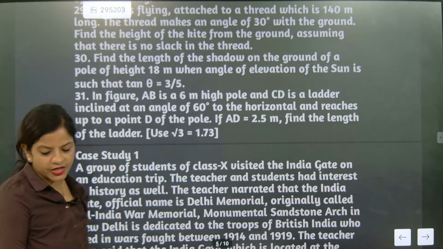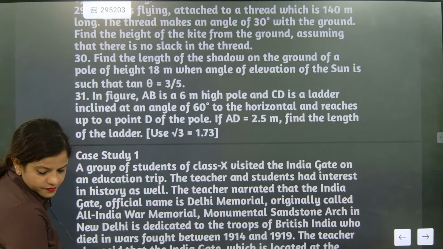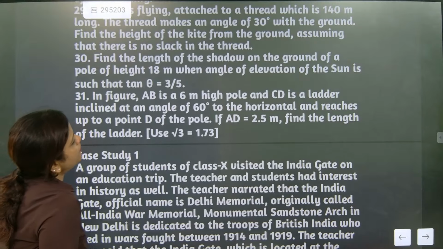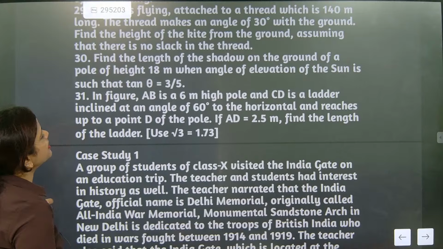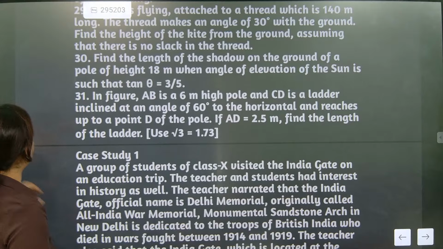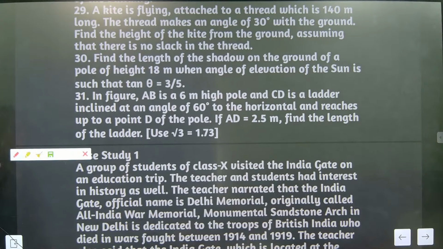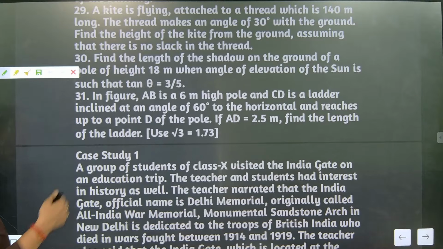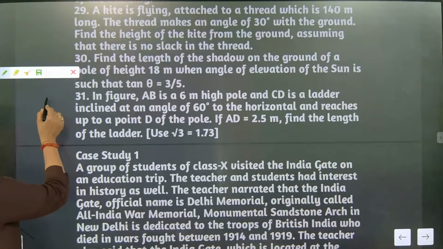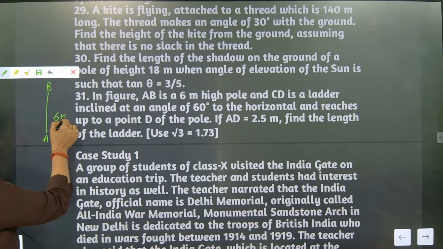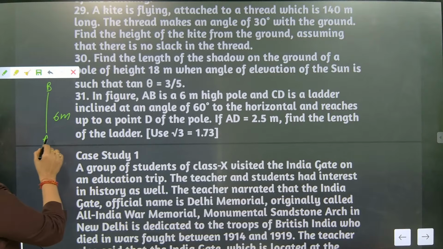Now, next question. AB is a 6-meter high pole and CD is a ladder inclined at an angle of 60 degree to the horizontal, and it reaches up to a point D of the pole.